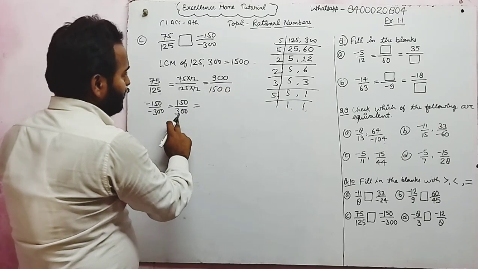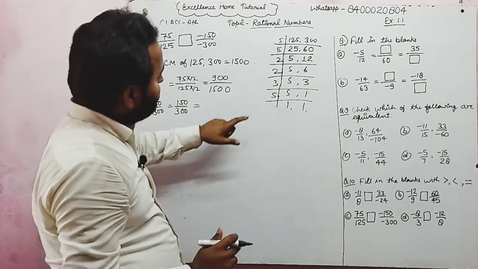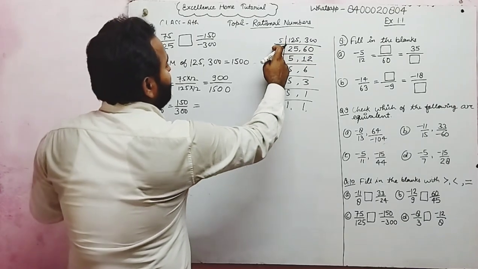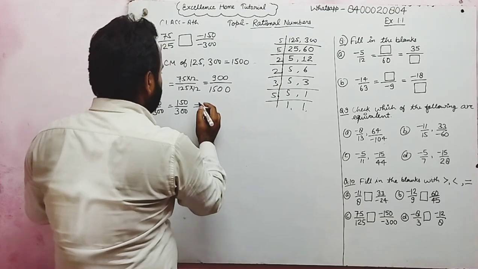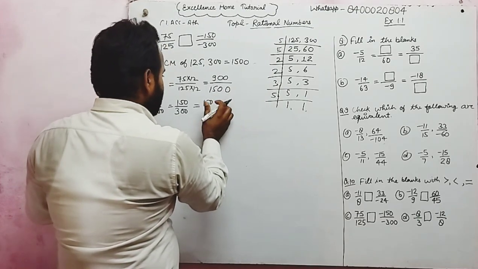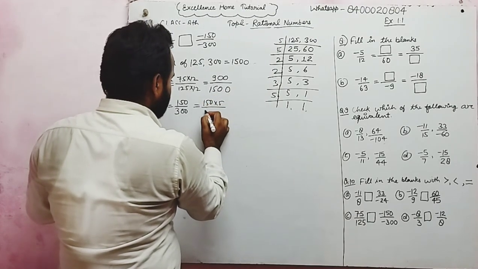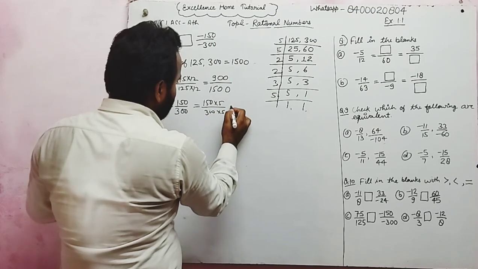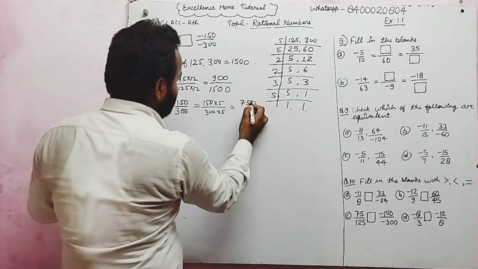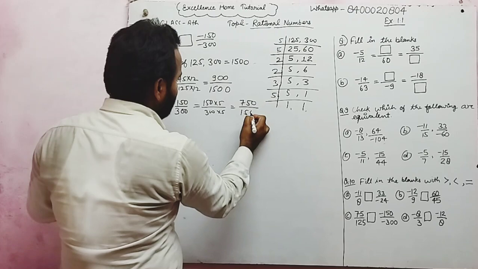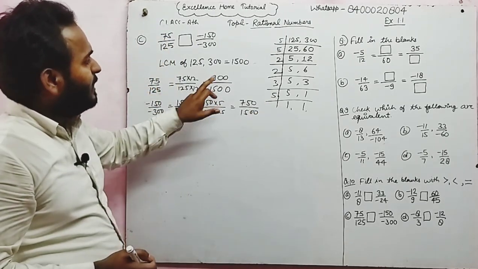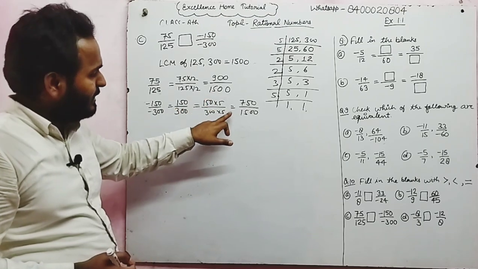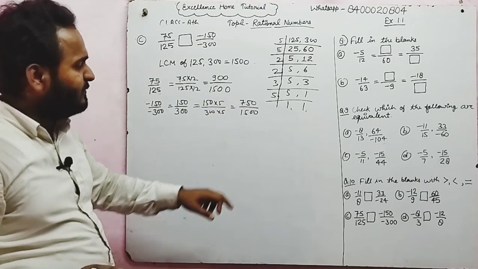And here 300, that means 5 fives are 25, 2 times is 50, 2 times is 100 and 300. So you have to multiply this by 5. This is 750 and this is 900, so you can compare: 900 upon 1500 and 750 upon 1500.